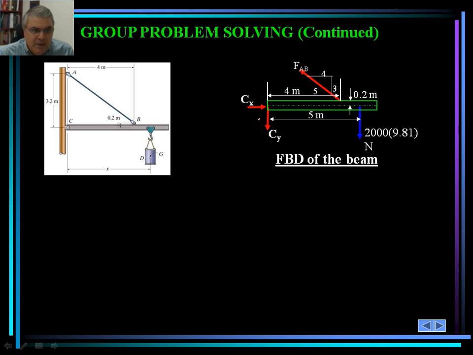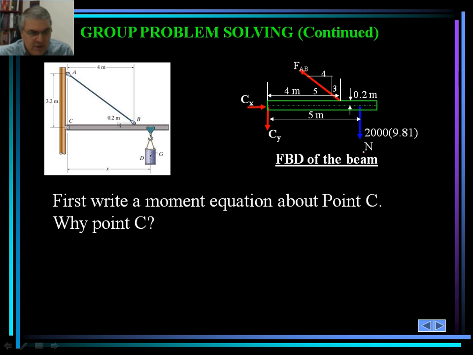So at C, there's C sub X and C sub Y. We assume an arbitrary direction, and we would change them if the answer turned out to be negative. And for AB, we are doing the same thing. There's a force developed at AB. Again, this is the complete free body diagram of the beam. The application of the load here also would help, 2,000 times 9.81, to complete the free body diagram.